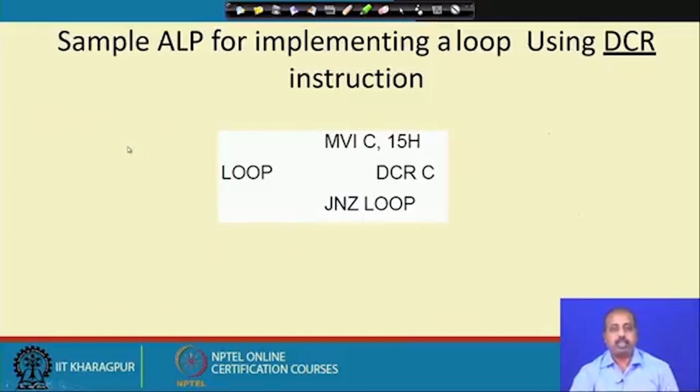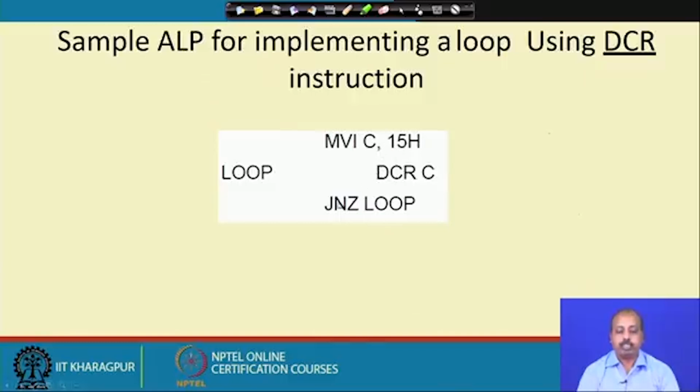This is a very simple assembly language program for implementing loops with the DCR, decrement register, instruction. First, MVI C, 15 hex, means the C register will get the value 15 hex. Then the decrement C instruction will decrement the value of the C register, so from 15 hex it will become 14 hex, 13 hex, like that.